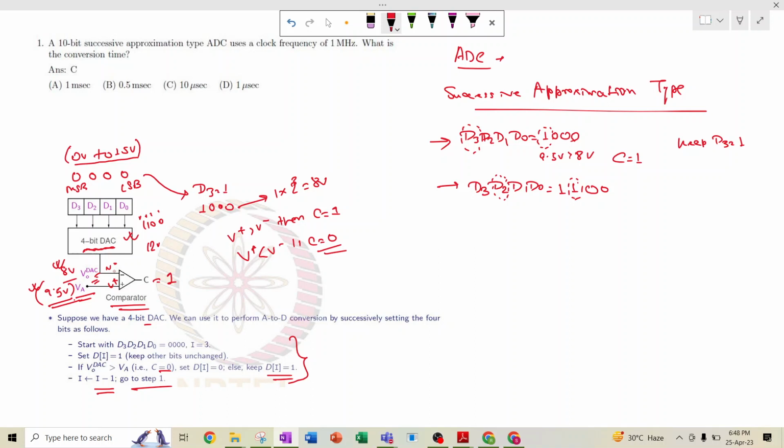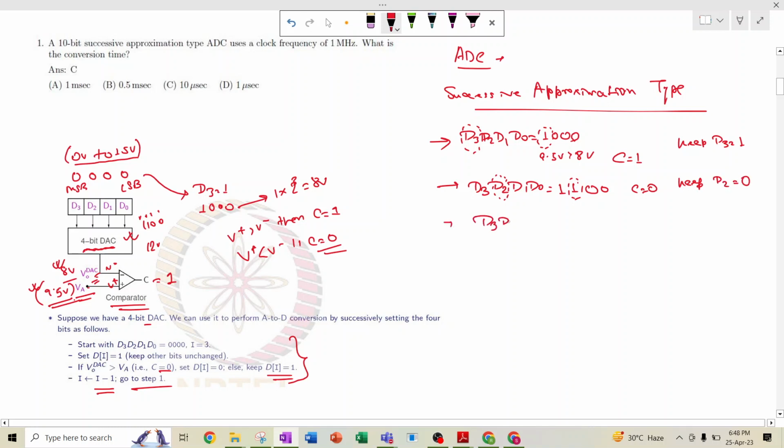This 12 volt is greater than 9.5 volt, so V minus is greater than V plus. That means the comparator output C is equal to 0, so we will keep D2 equal to 0, according to this algorithm.